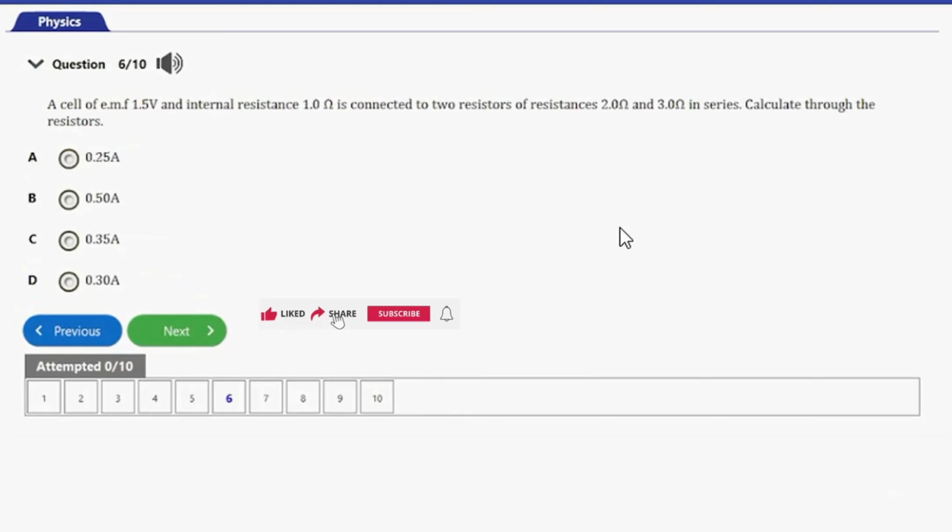It says a cell of EMF 1.5 volts and internal resistance 1.0 ohm is connected to two resistors of resistance 2.0 ohm and 3.0 ohm in series. Calculate through the resistors. So guys, for this question, we're going to solve together here.